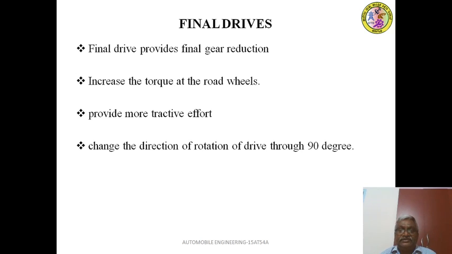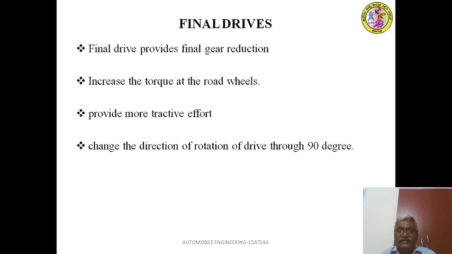In the transmission system of vehicles, gear reduction takes place at two instances, one at the gearbox and another at the final drive. What is the necessity of this gear reduction in the vehicle transmission?